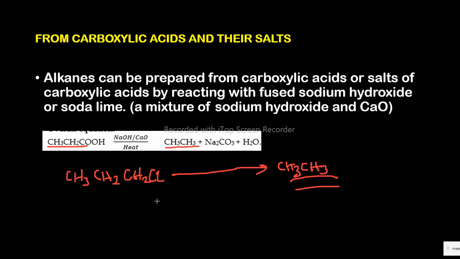One of the ways is this, whereby we shall find ways of converting this into a carboxylic acid, and then from that carboxylic acid we react it with fused sodium hydroxide. Then we shall take away the carboxyl group and we produce an alkane.